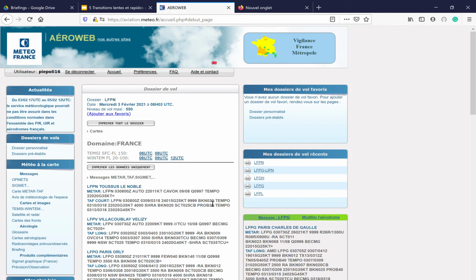Broken 3,000 above ground level, meaning that we almost have a ceiling at 3,000, and TEMPO fluctuation from 10 to 16, so from 11 to 17, the wind will be 220, 20 knots and 35 gusts. Reduction of visibility to 4,000, shower rain, broken 2,000, scattered 2,500 with cumulonimbus, meaning kind of clouds which are very dangerous.